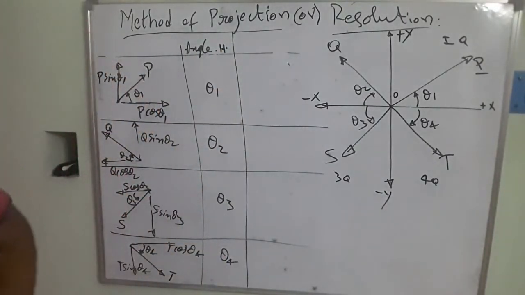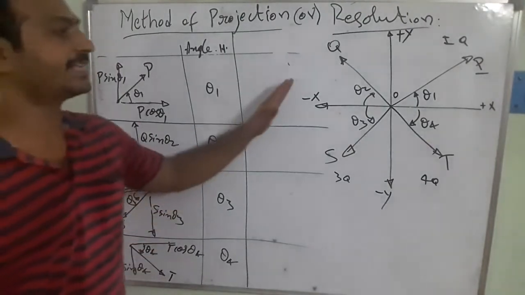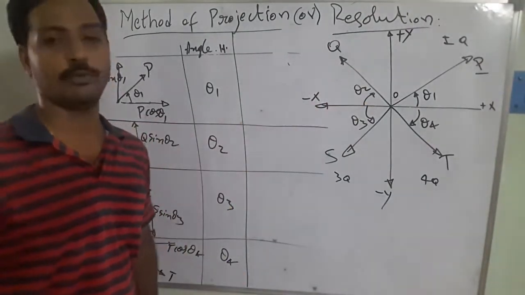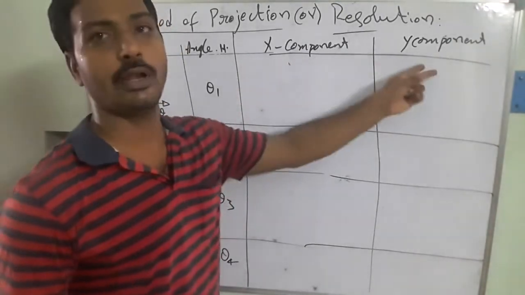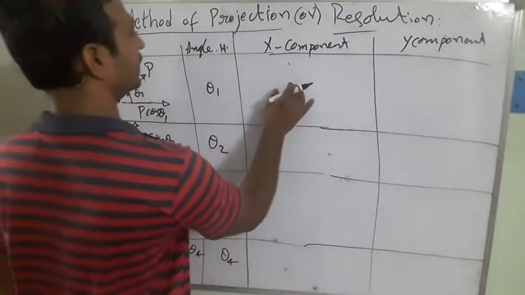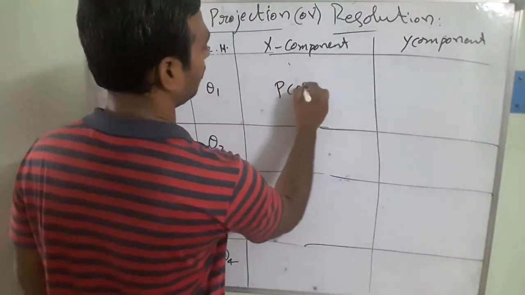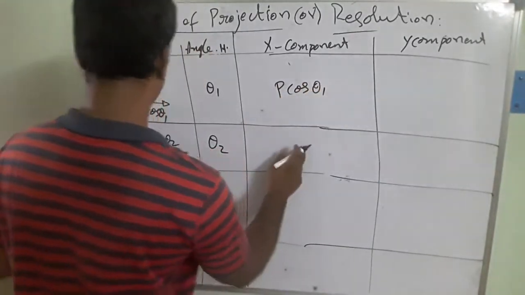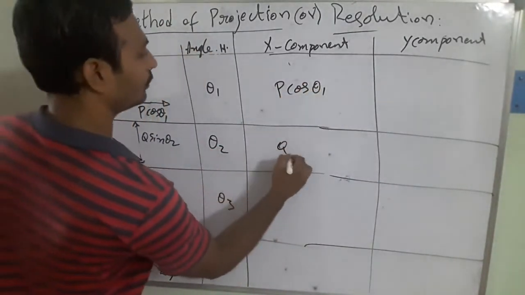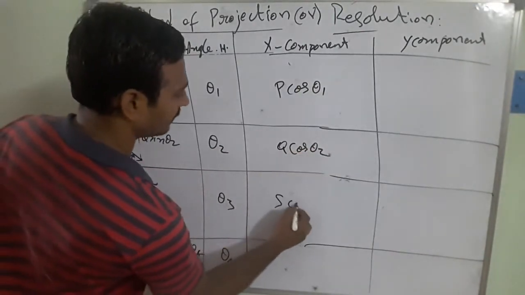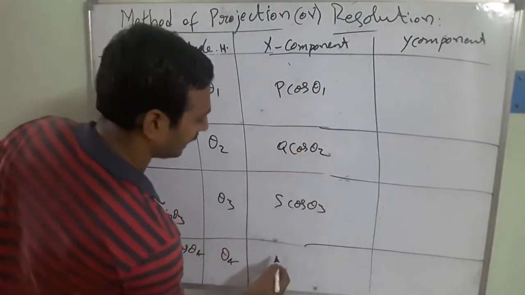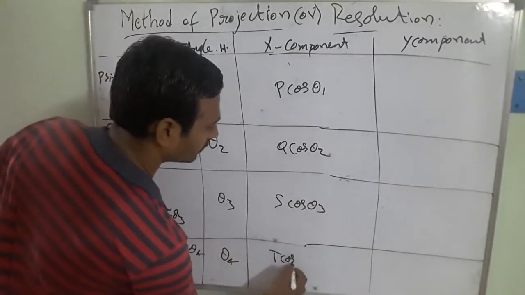Now we need to go with the x component as well as the y component. What is the force here, the x component? That's going to be P cos theta 1, here Q cos theta 2, here S cos theta 3, and T cos theta 4.